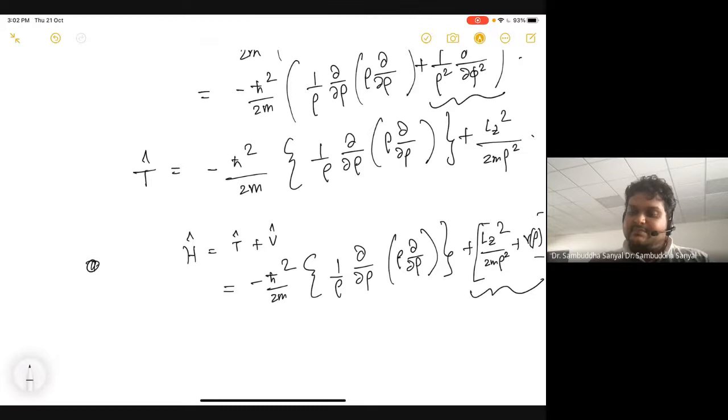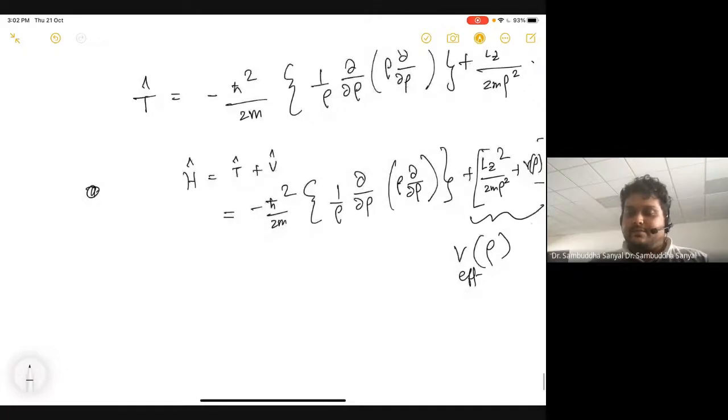Now notice this part is another V rho. So this is sometimes called a V effective rho. As if you are replacing the original problem. So the original problem is a 2D problem. After variable transformation, this equation is like a 1D equation, right?